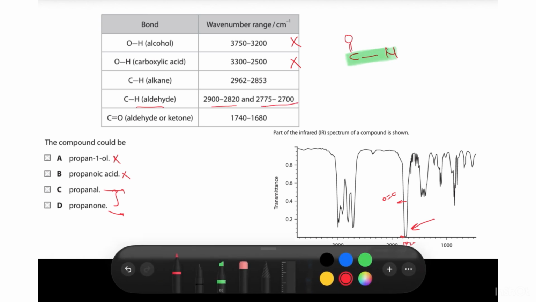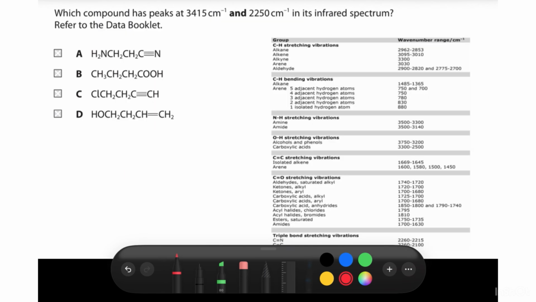So we have these two peaks for the CH in aldehyde. Definitely this is for the CH in the aldehyde group, so the compound is an aldehyde. It's not a ketone. If it's a ketone, then you will end up with nothing like that. It's just only a peak for the CHs.